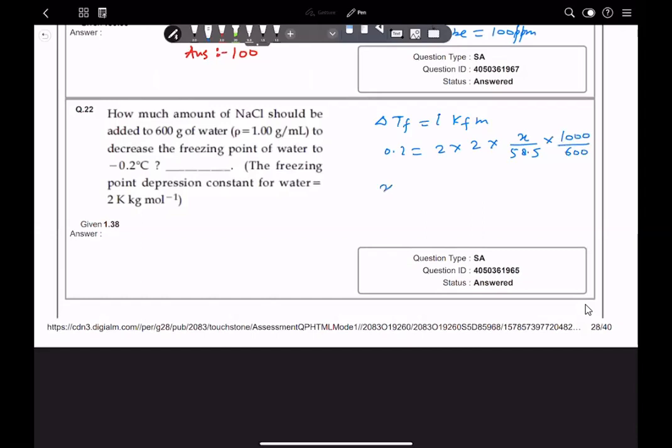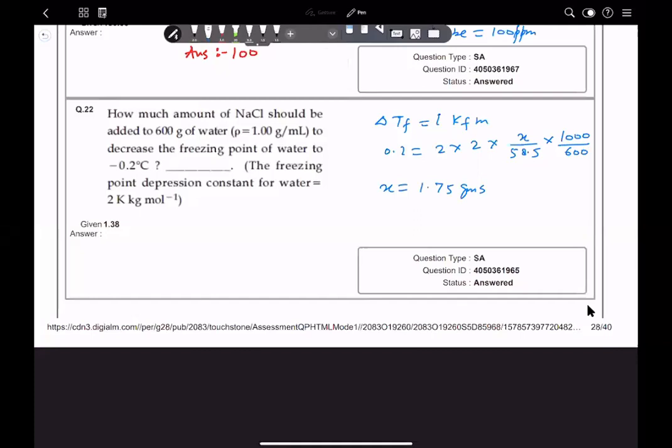Now you have to solve for the value of x. So this comes out to be 1.75 grams. And the same answer you can report in terms of moles also, so it is up to you.